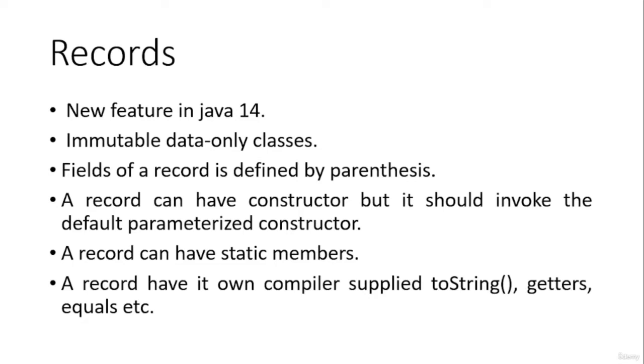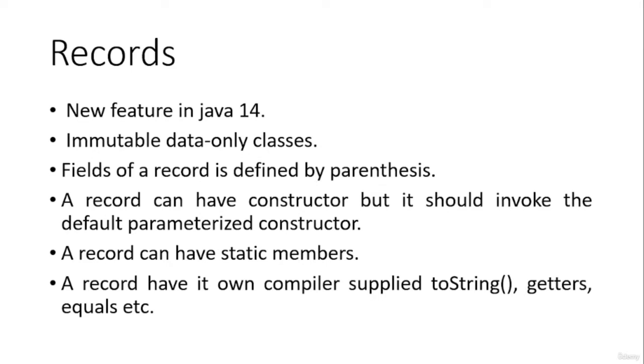The first feature is that records consist of constructors. You can have different constructors in records, but all the constructors should call the parameterized constructor of the record. Records have a default parameterized constructor which contains all the fields in a record.